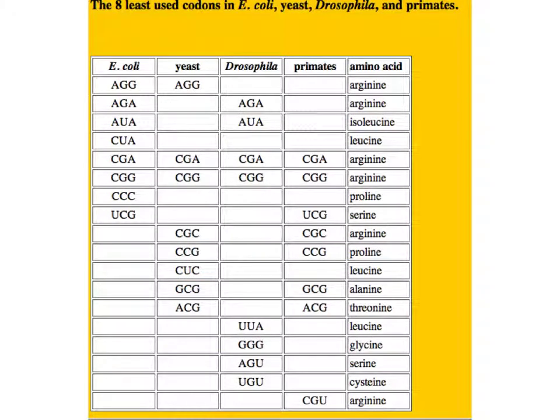There are codons that are not frequently used in E. coli, yeast, and Drosophila and primates. And here are the 8 least used codons in these organisms. And so in this case, when you're identifying a sequence to clone in, you want to make sure that you avoid the ones that are least used.